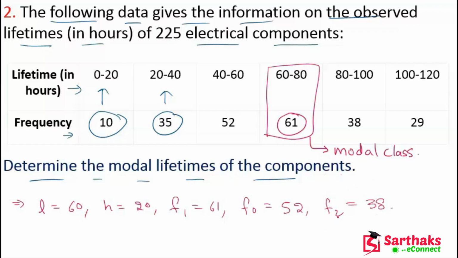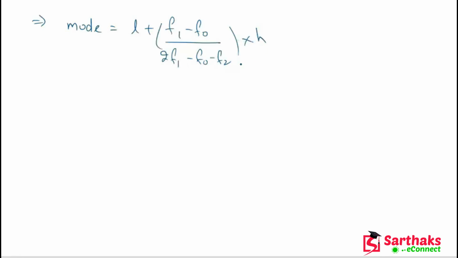Now we have to put the values in the formula. The formula is mode is equal to L plus (f1 minus f0) divided by (twice of f1 minus f0 minus f2), multiplied by h.